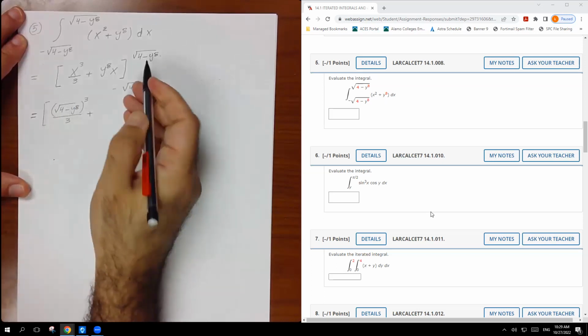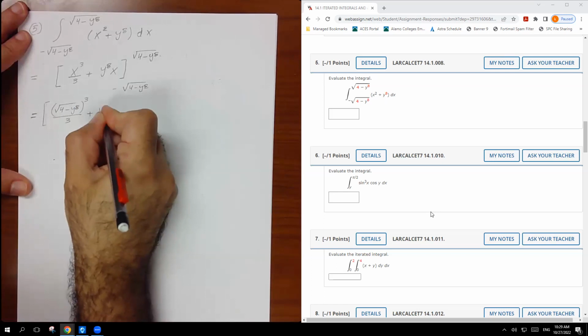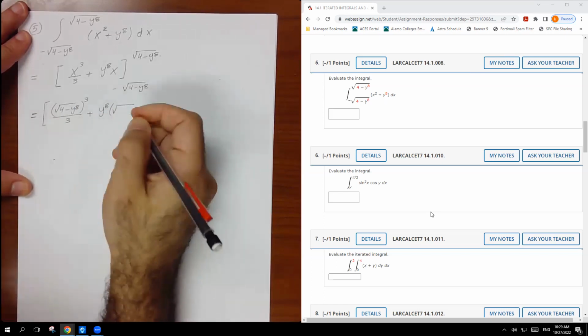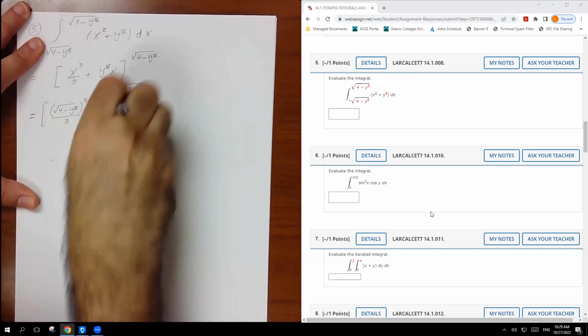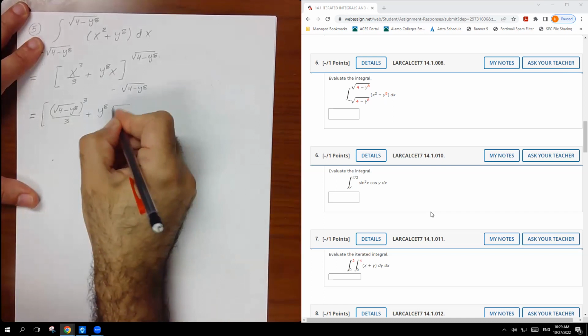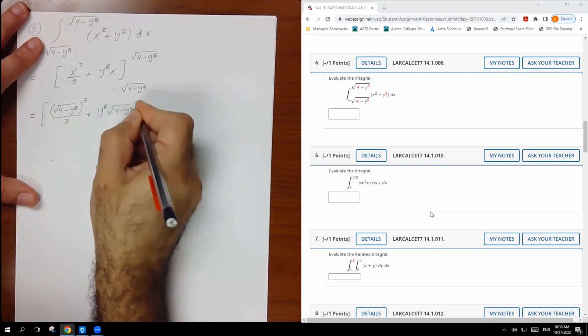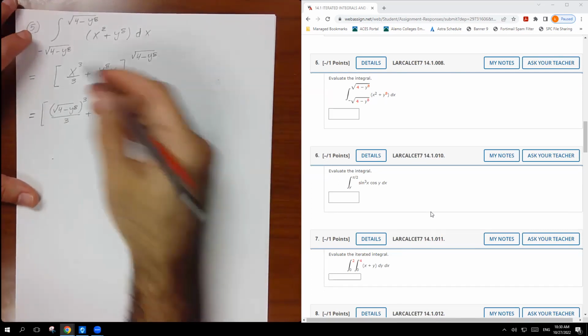Plus, plug in here with the x. So it's going to be y to the power 8 times square root of 4 minus y to the power 8. You don't have to write down the parentheses. Minus, plug in the negative one now here.